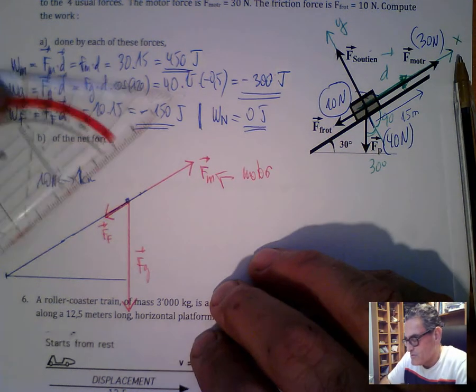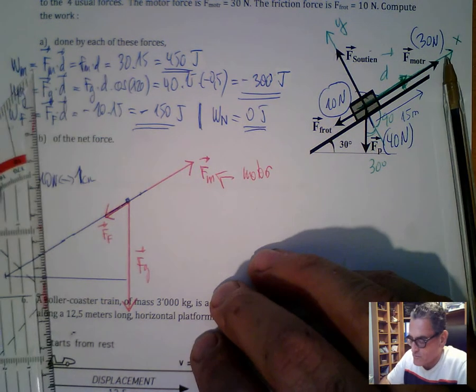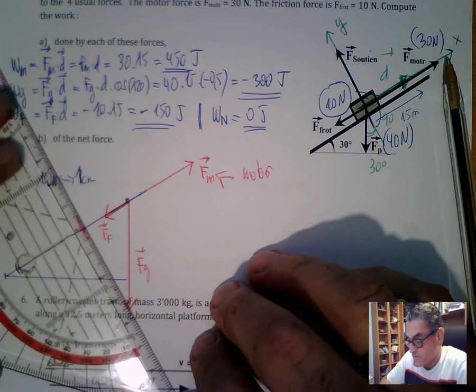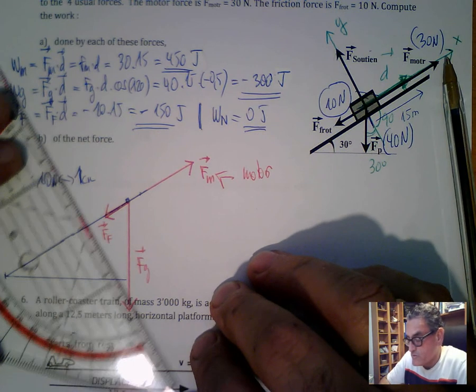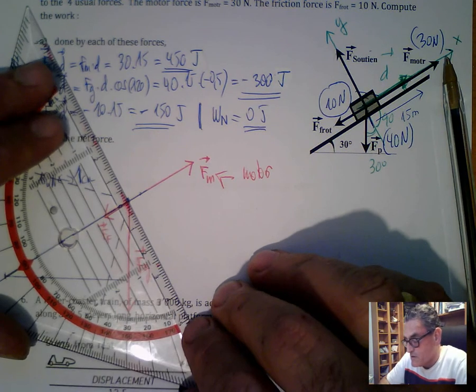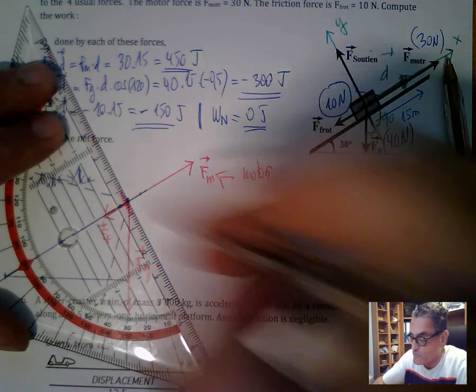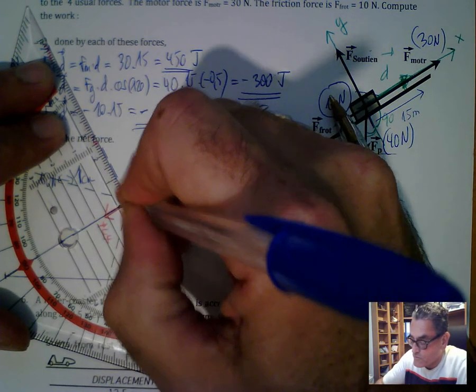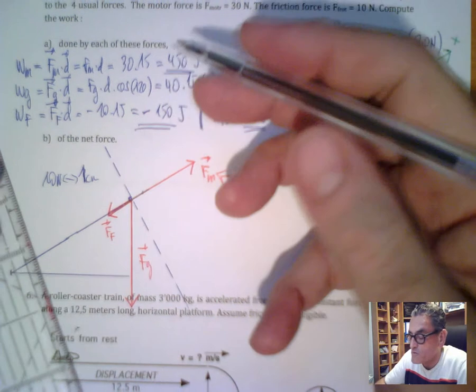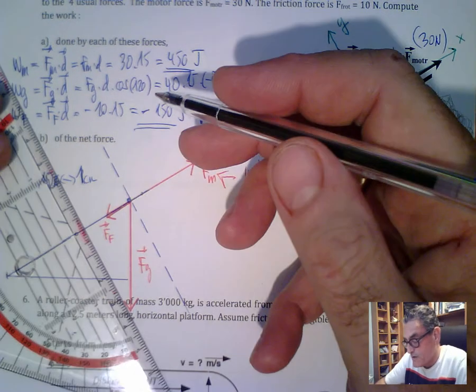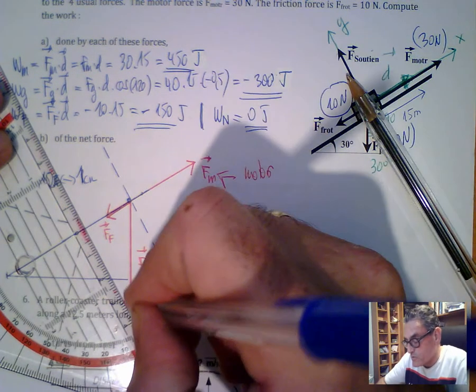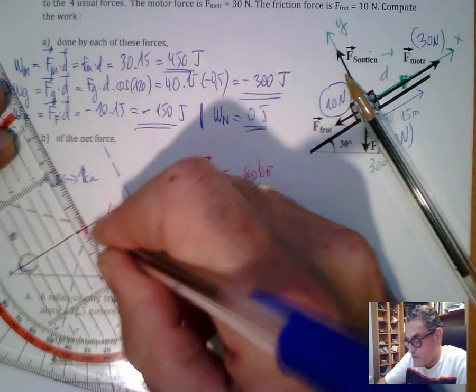And so in order to know how our gravitational force is affecting the system, we need to decompose this gravitational force in the directions of motion. One of the directions is the direction of motion, and the other is the direction perpendicular to motion. And so we are going to construct this parallelogram.